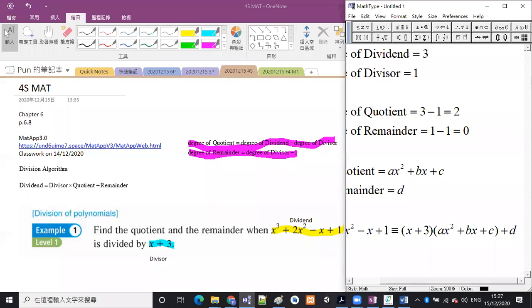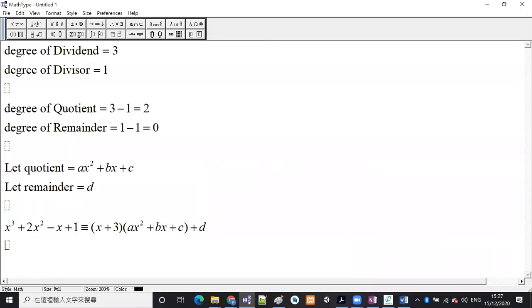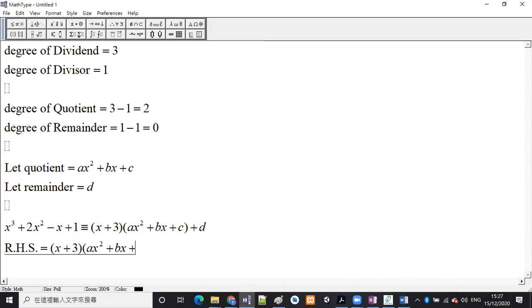Can you get this? We're going to start from the right-hand side. It is x plus 3 times ax squared plus bx plus c plus d, okay?